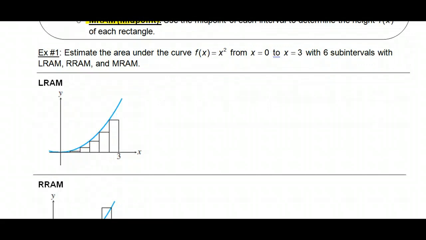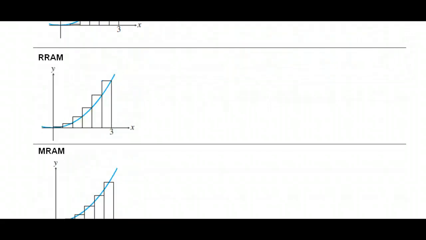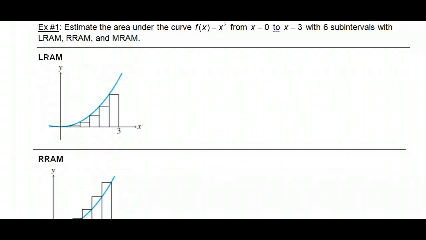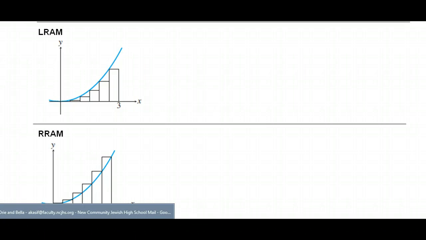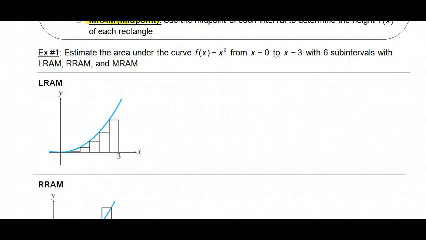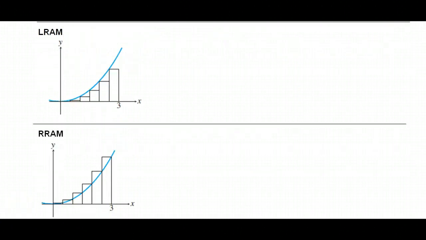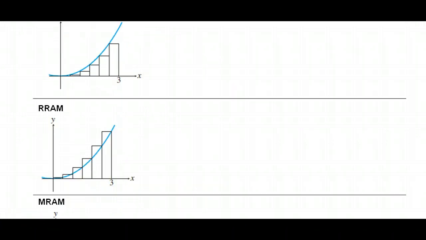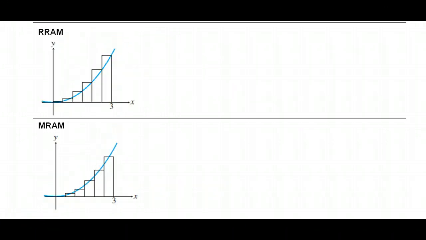In example 1, I have the curve f of x equals x squared from 0 to 3, drawn three times. One I'm going to do left-hand approximation, one right-hand approximation, and one midpoint.